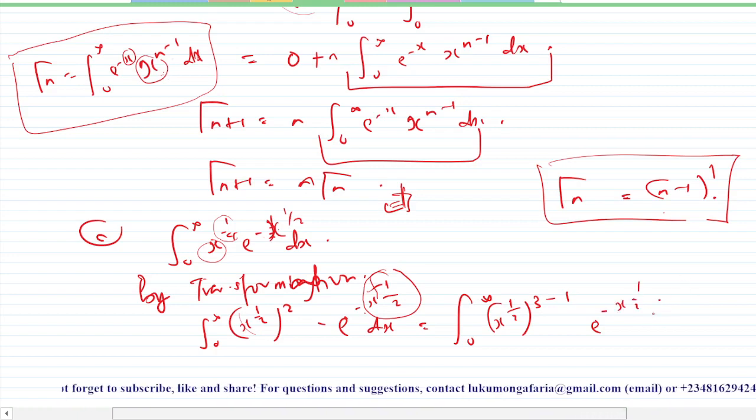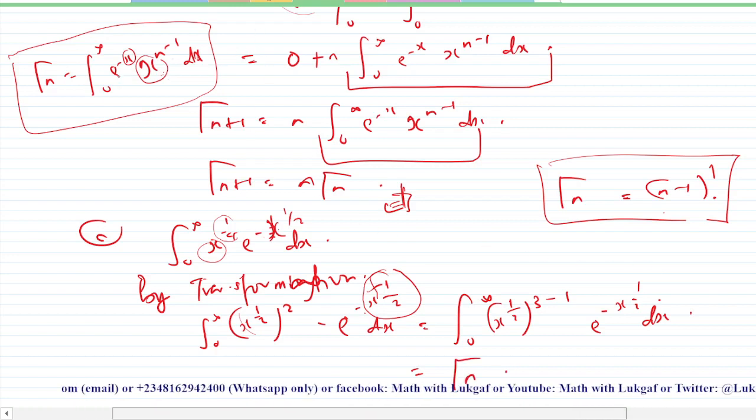You see now, if you check this very well, this is the same thing as the integral, yeah, this is the same thing as gamma of what? And this is the same thing as gamma 3. You understand now? If you check this one, e raised to the power minus x, x to the n minus 1 gives gamma of n. Then if you check this, you will observe that it is the same, just that instead of x here, it is s raised to the power half.